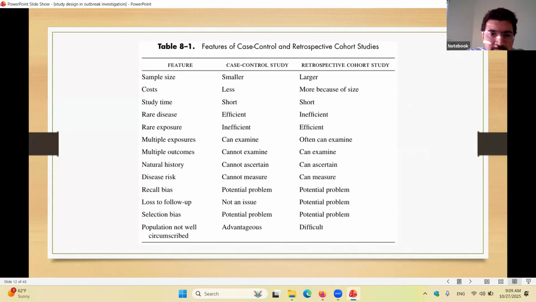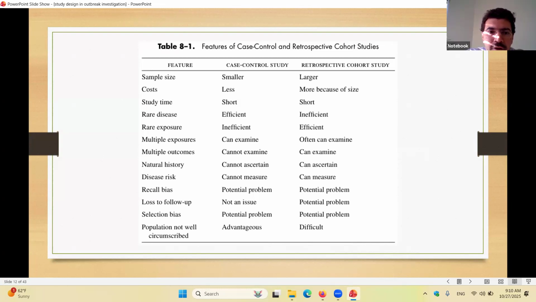So if the disease is rare, we should have a large sample size to find enough sick individuals. So it is not logistically possible.